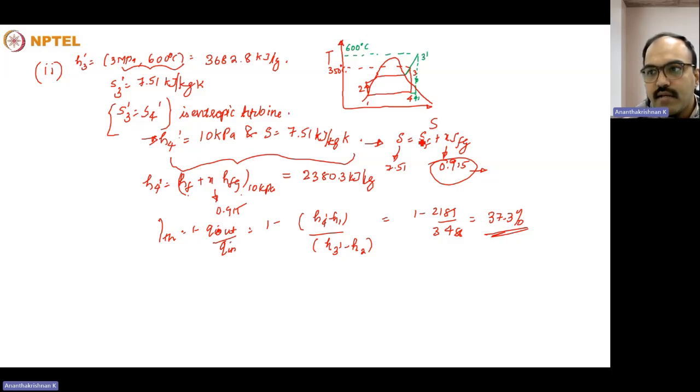So the same heat that we deliver at a higher temperature compared to the same heat that we deliver at a low temperature, there will be some difference in the entropy or the available energy. So what I meant to say is that when we deliver the same heat at a higher temperature compared to a lower temperature, the fraction of the work that is useful, the useful energy out of this heat, is quite high at a higher temperature.